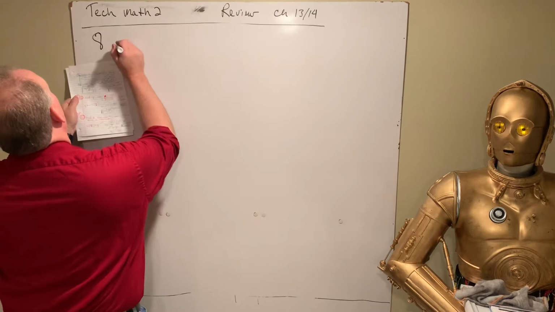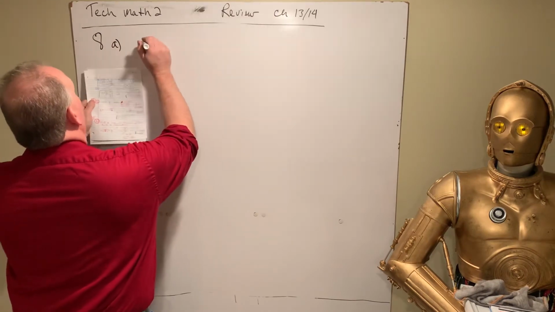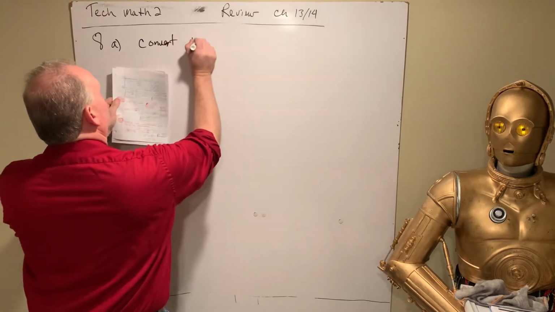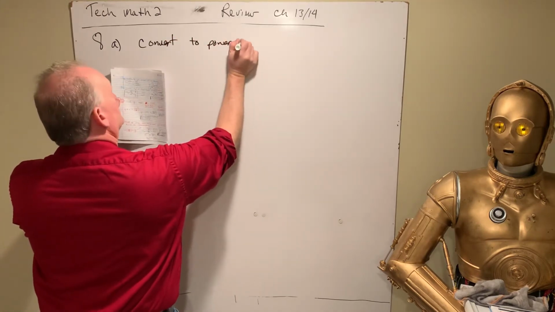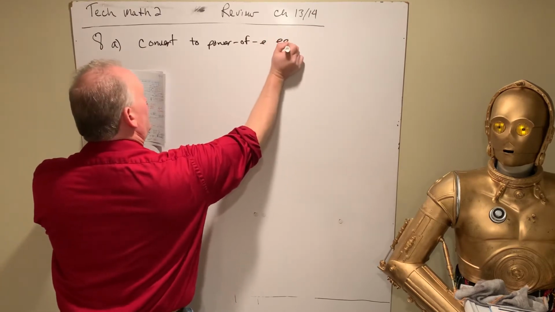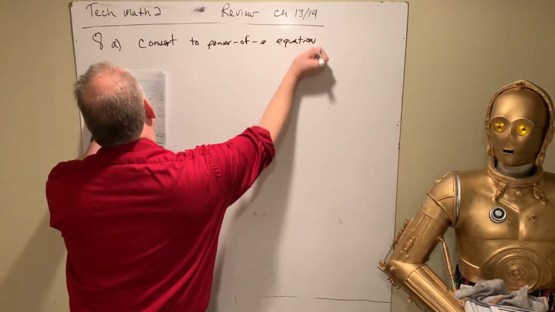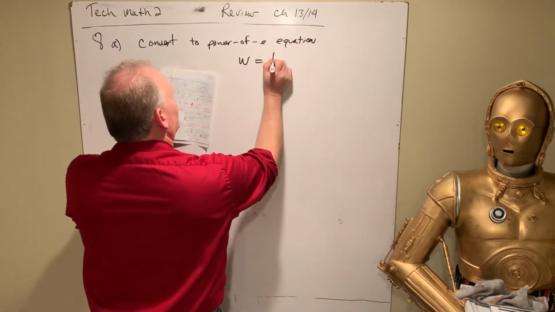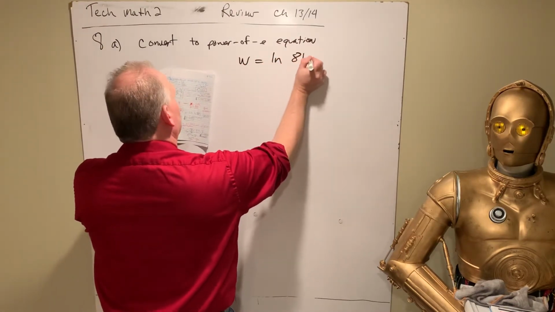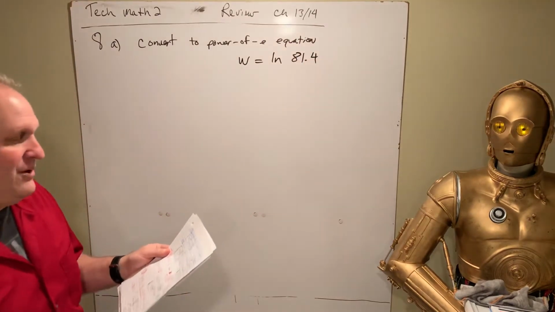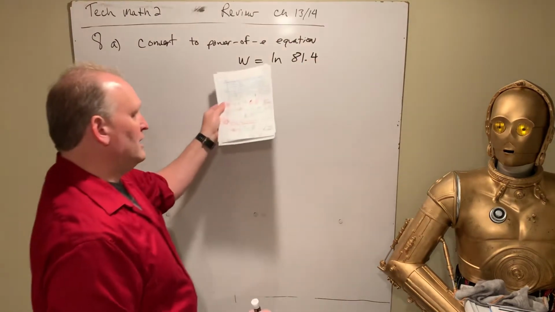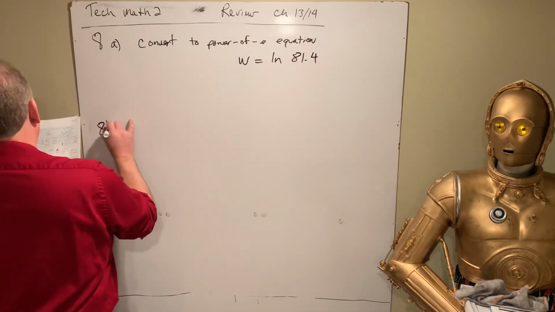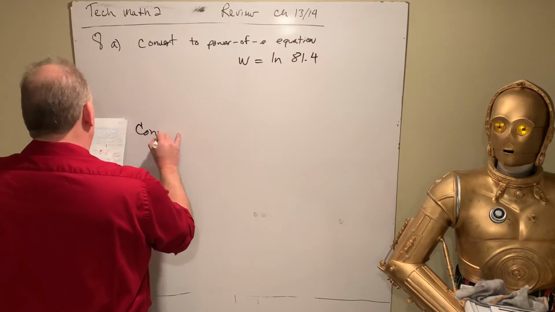So 8a, convert to power e equation. And now be careful with this. When they throw a variable in there, a lot of students accidentally just solve it. They don't want this solved. They basically just want you to write it without a log, just in exponential form. And same with 8b. It says convert to a log.